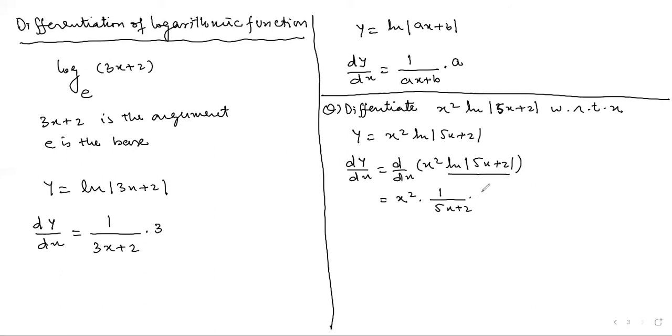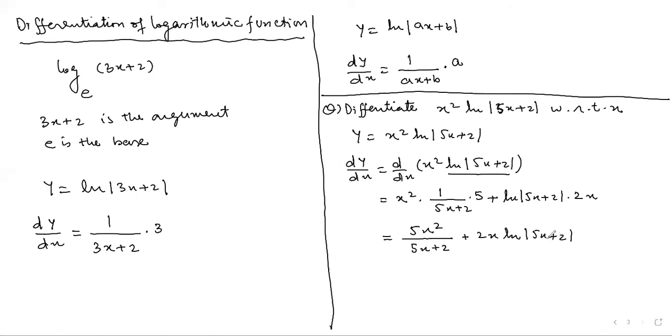The derivative of the argument is 5, plus. Now we will write down the logarithmic function as it is, and we will differentiate x square. The derivative of x square is 2x. We will rearrange the terms: 5x square over 5x plus 2 plus 2x ln 5x plus 2.